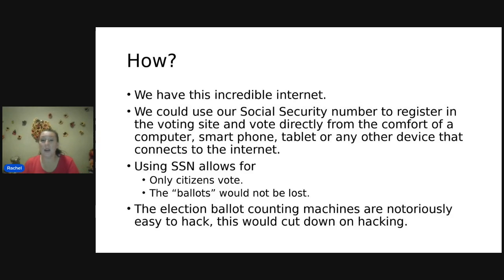The ballot counting machines are notoriously easy to hack. This would cut down on hacking, but it would have to be, like I said, blockchain. It would have to be secure, firewalls to the extreme. And I'd like to remind you, as I said, those voting machines are so easy to hack. There's video upon video of them counting votes wrong.